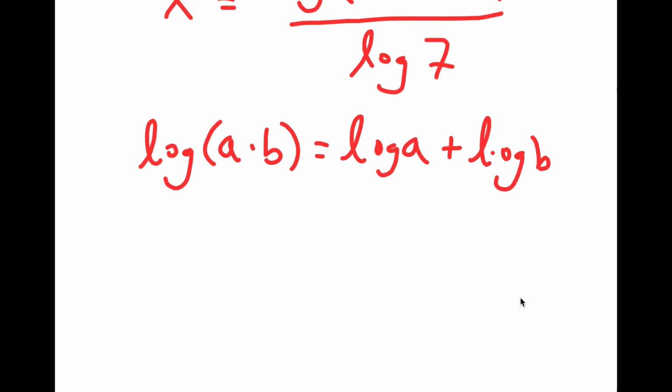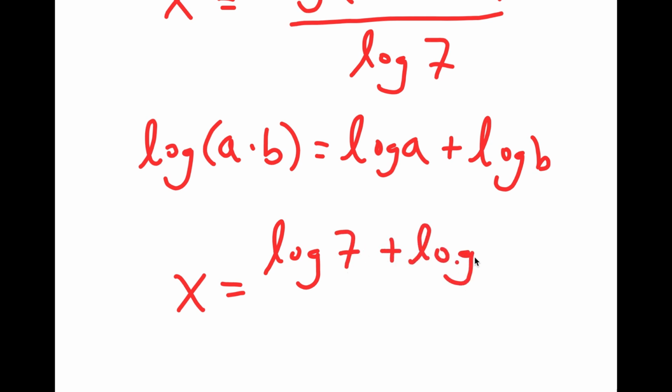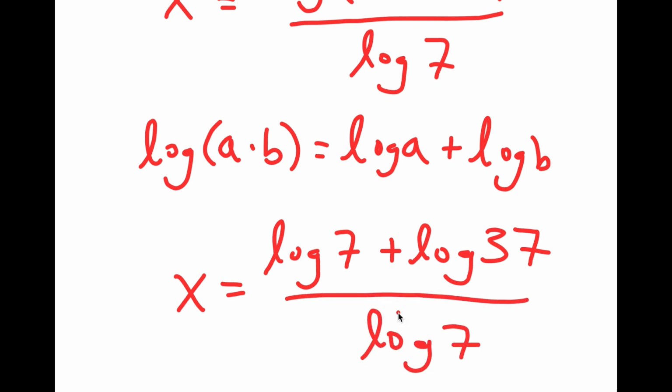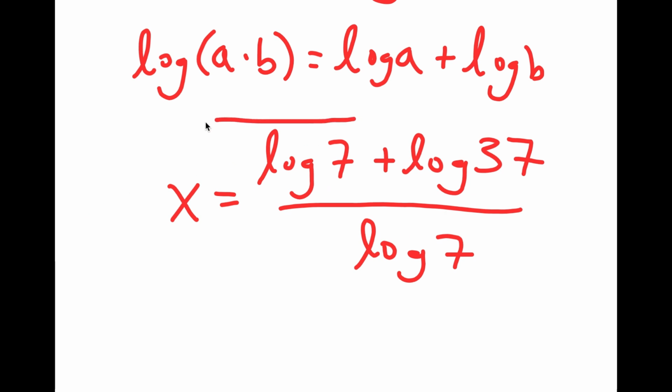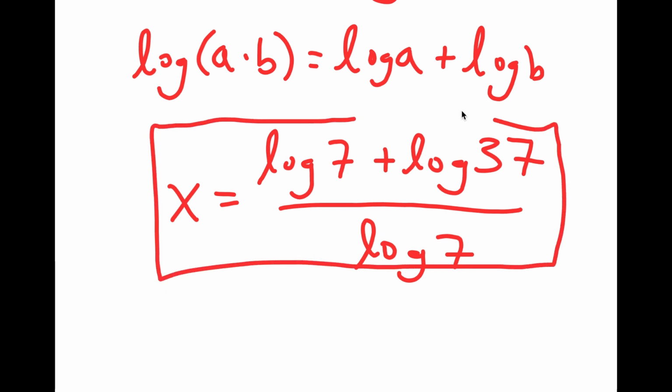So log of 7 times 37 is going to equal log of 7 plus log of 37, and I have this over log of 7. So this is my answer to this equation.